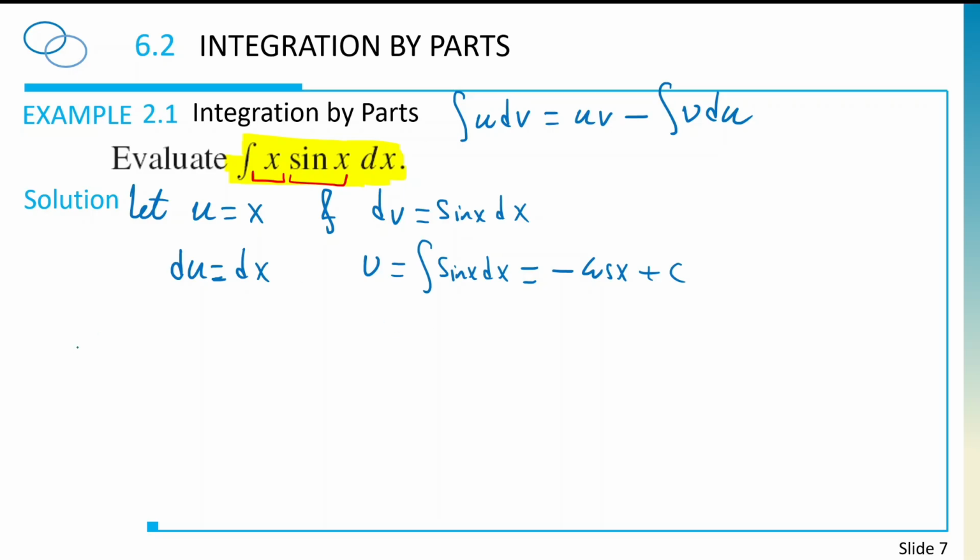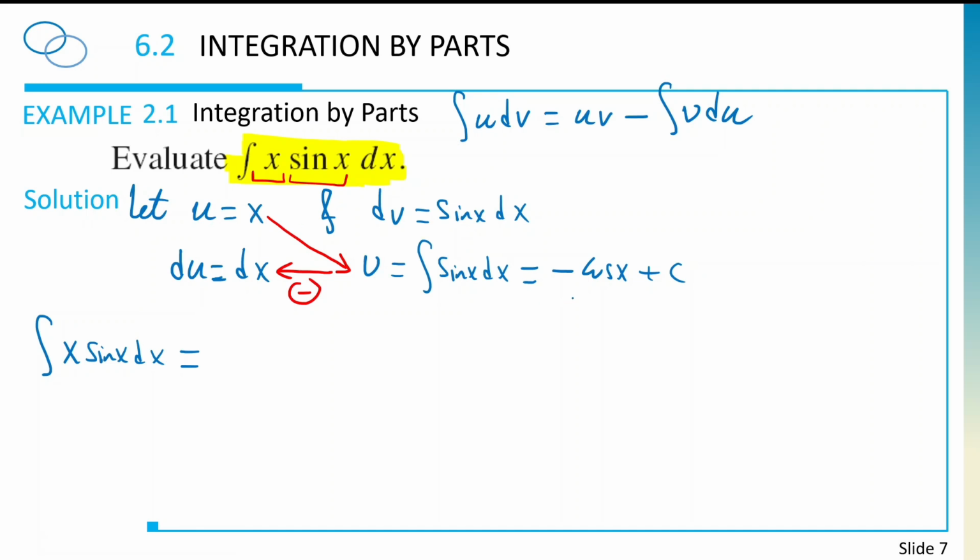Now, the rule says: the integration, this is our original question, x sine of x dx, equals, now how do I write it? I multiply u times v, remember this order, it's easy to recall, u times v minus the integration of v du. What's u times v here?